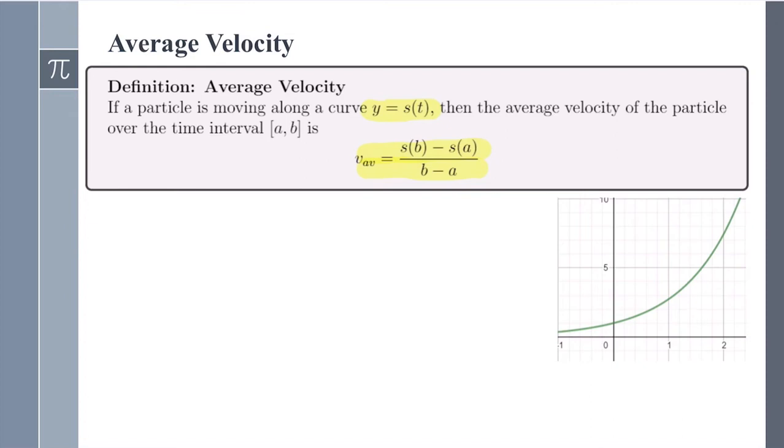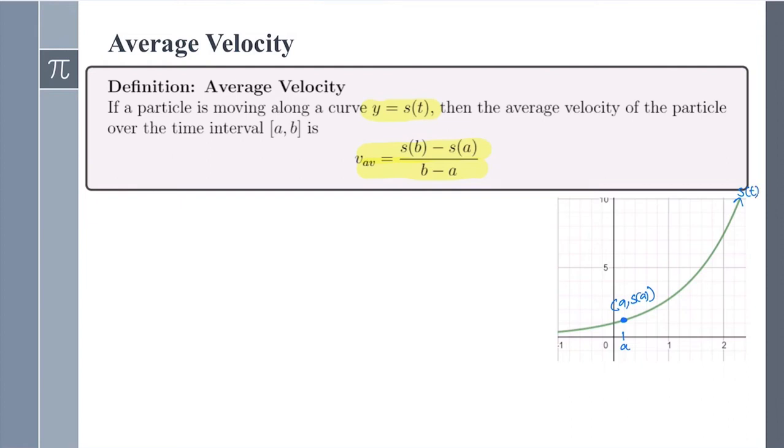Now, let's put that in the graph. Let's say a is a point here, the t value, and the corresponding point on the graph is (a, s of a). Let's say this is the graph of the function s of t.